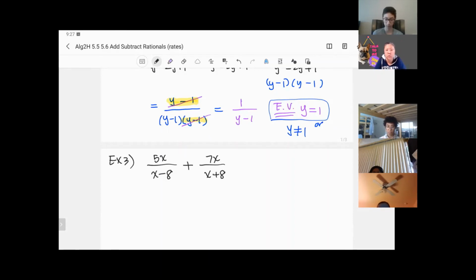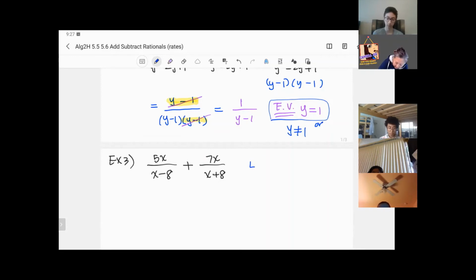Okay, now let's observe the denominators first. The first denominator is x minus 8, and the second denominator is x plus 8. So they're not the same, and they don't have any common factors. The only way for us to come up with the common denominator here is to multiply them all together.